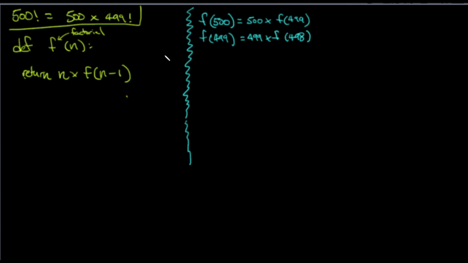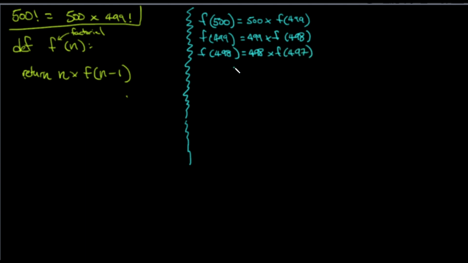So just to hammer home this concept, we don't know f of 498, and so we're going to leave this function call to f of 499 to the side for a second. We're going to answer what is f of 498. And again, we're going to run this function with n equal 498, and the function tells us to output 498 times f of 497.